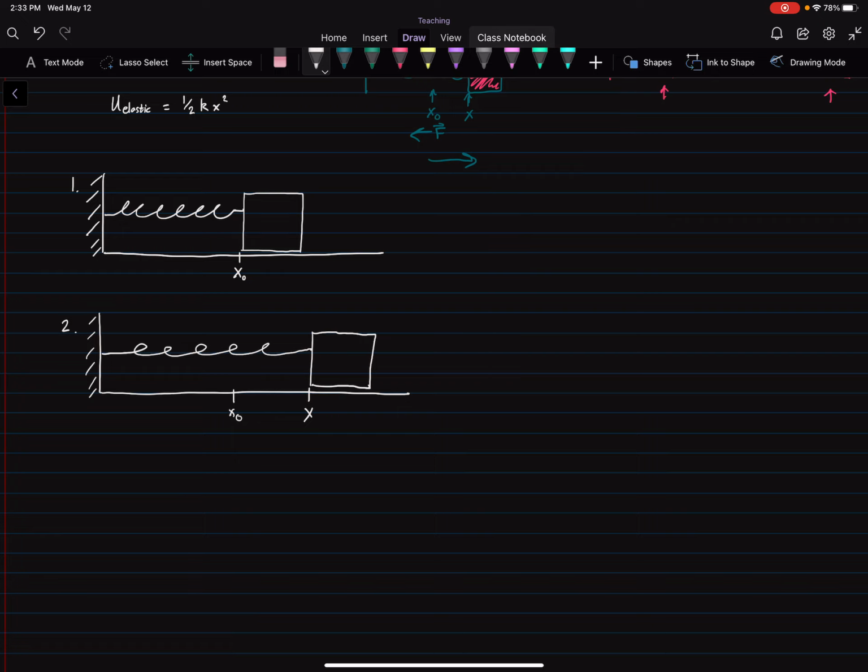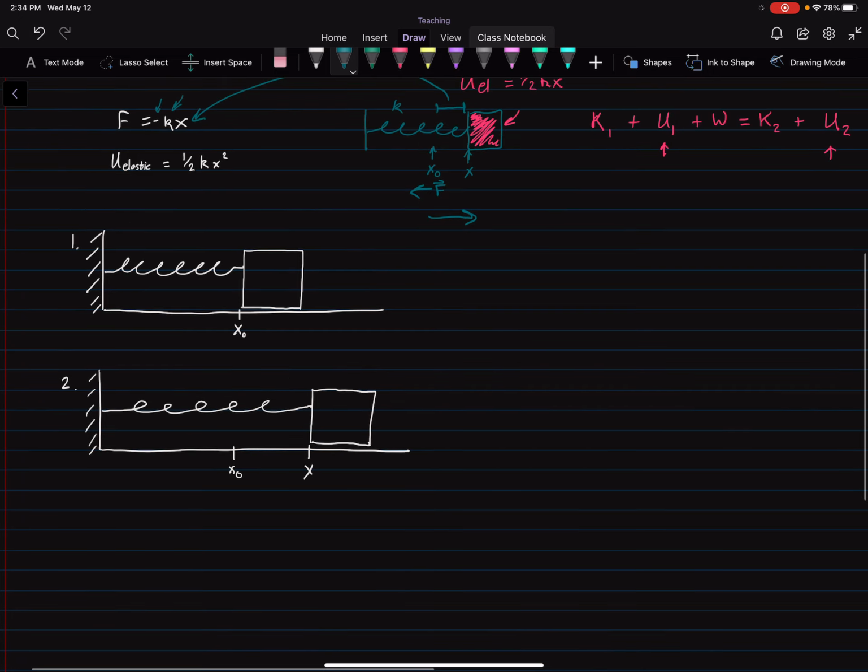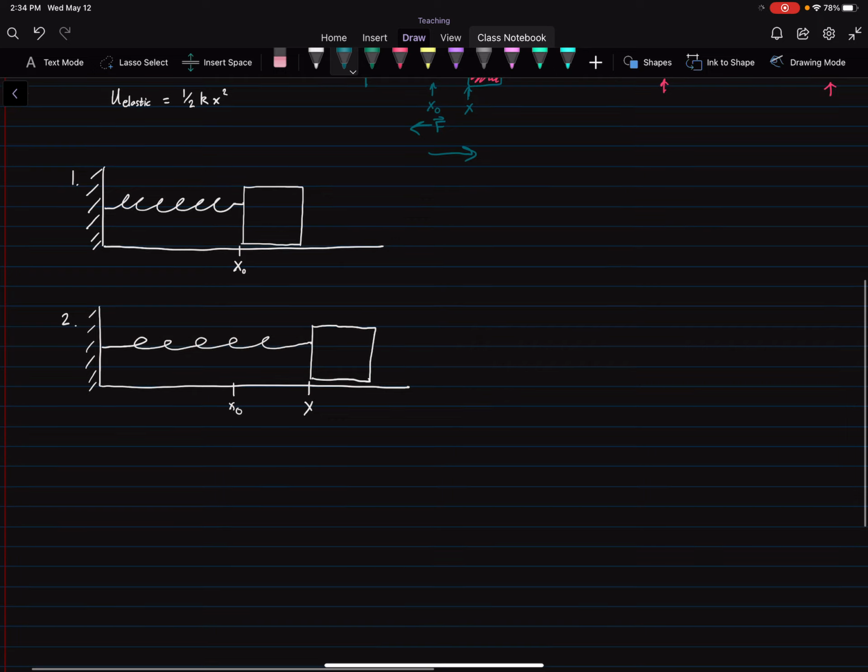This causes a restoring force, like we were just talking about, and F is equal to negative kx, x being this displacement right there.